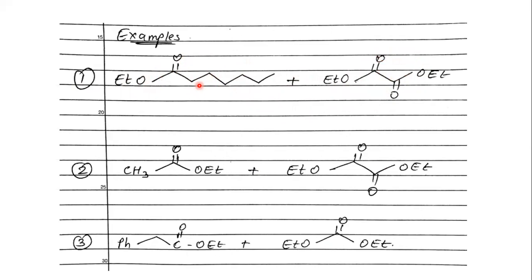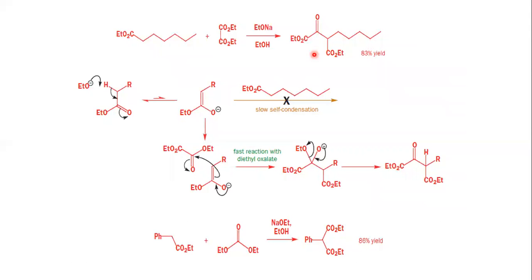Whereas if there is an electrophile which is much stronger, the condensation product will form in higher percentage. That is why you can see almost an 83% yield of the condensation product, whereas the self-condensation, which will be slow, will be almost negligible.